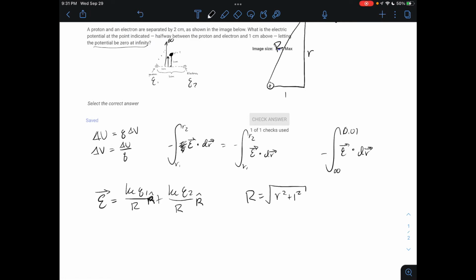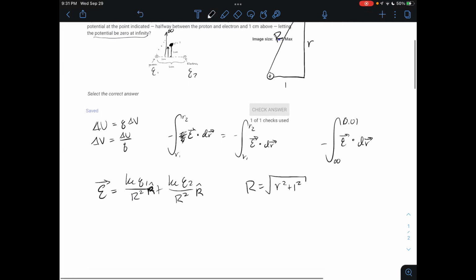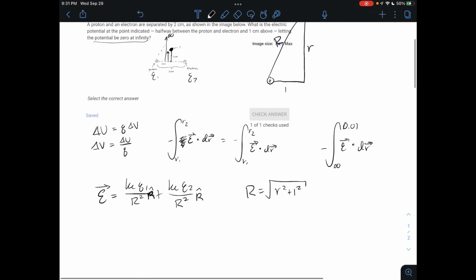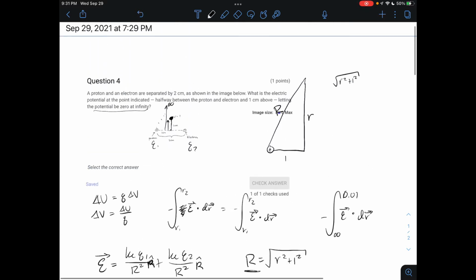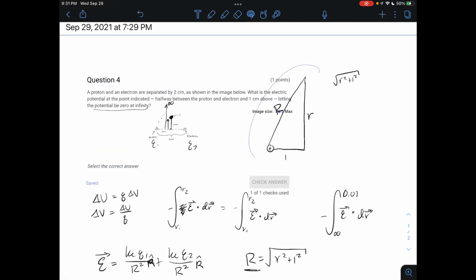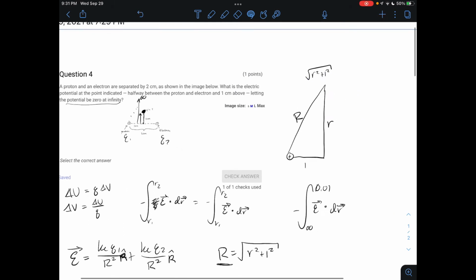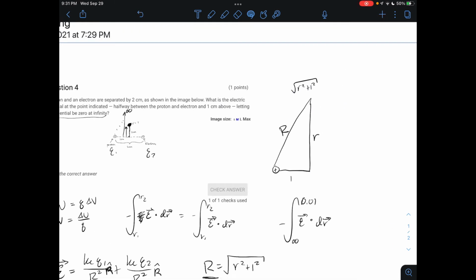Now, I forgot that these are both squared on the bottom here. I'm sorry. In the equation for the electric field, it's KeQ1 over R squared, times that R hat. Now we're going to find the directional unit vector for this R. If we're looking again at our triangle over here, we're going 1 in the x direction and R in our y direction.